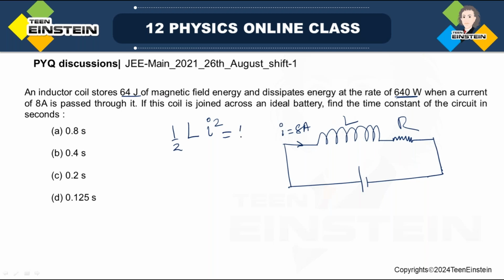So this is actually 64 joule. So from here we can find out what is this L. So let us find out. L is equal to 2 times 64, that is 128, divided by I square. I is 8, so 8 square ampere square.